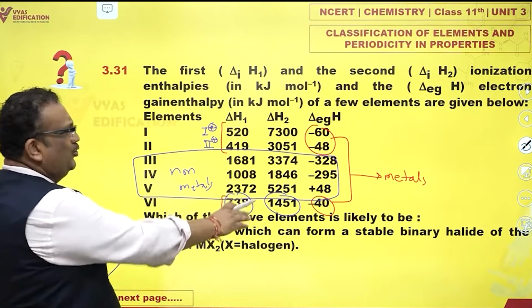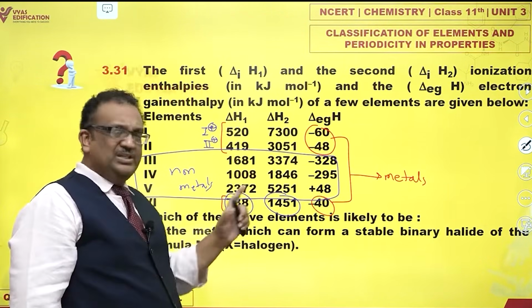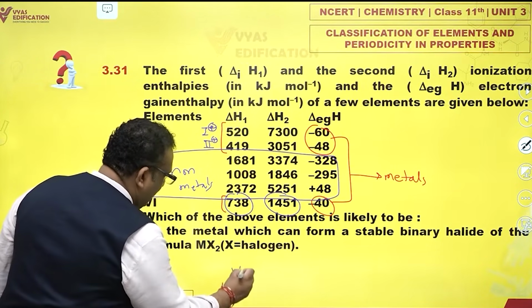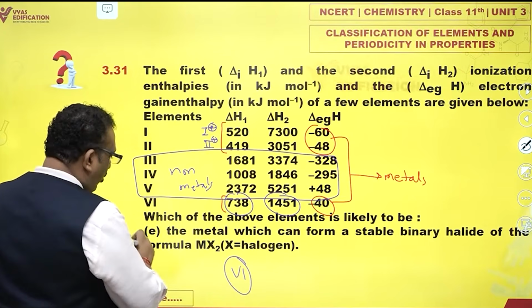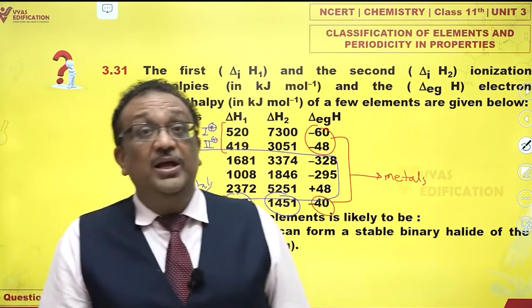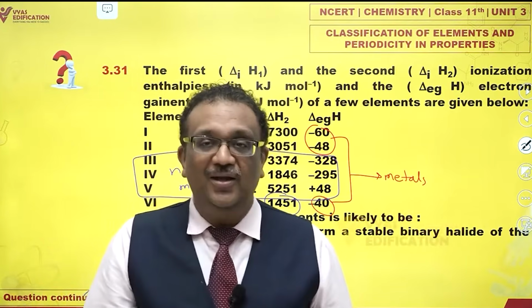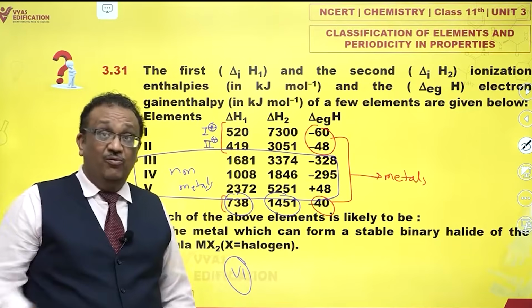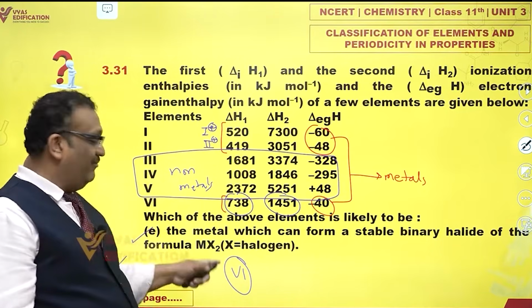This appears more humane. That means it is losing the second electron reasonably happily. So I would say that 6 would be most likely to have the formula MX2. It would also show a valency of 2 instead of 1. Metals 1 and 2 would have a valency of 1 only. Metal 6 will have a valency of 2.